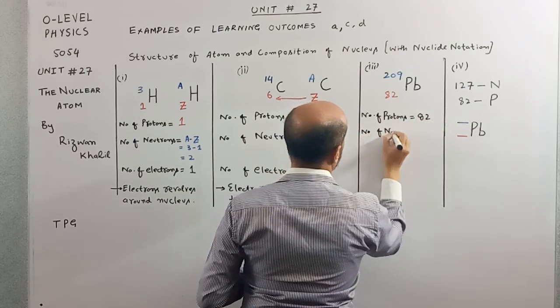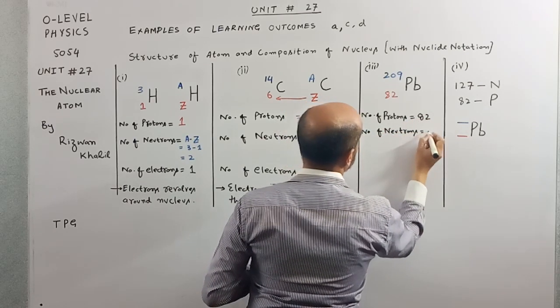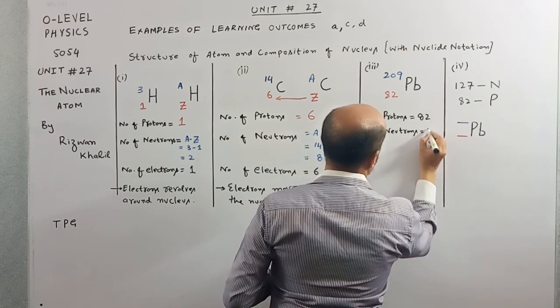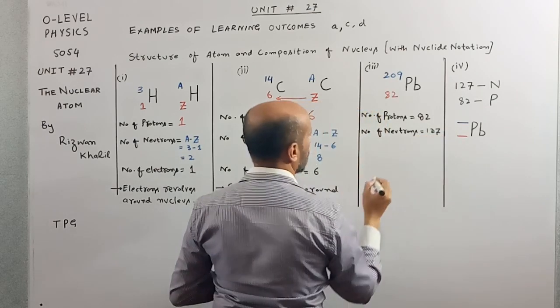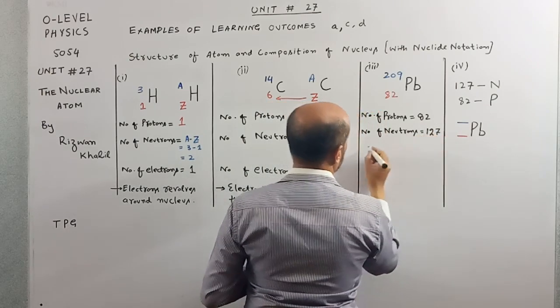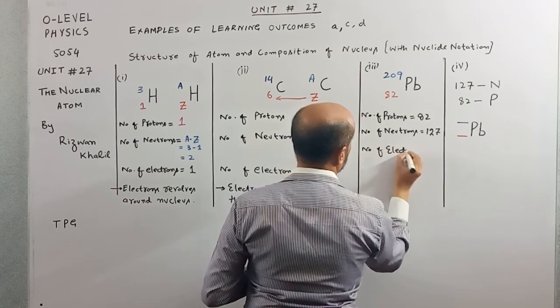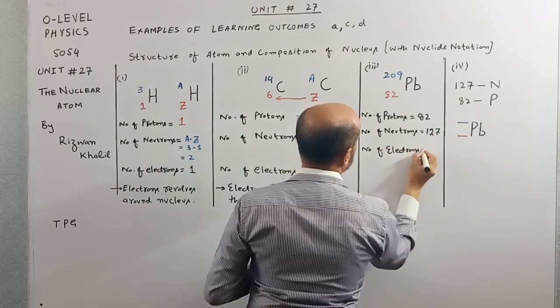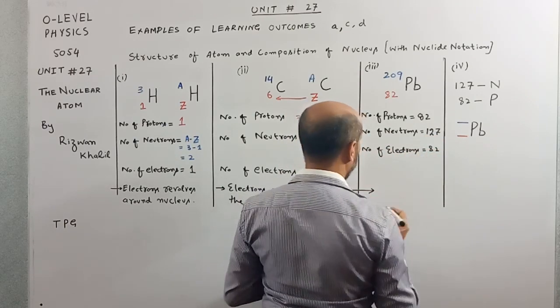Number of neutrons is equal to 127. Number of electrons is equal to 82, and obviously the same sentence will be there.